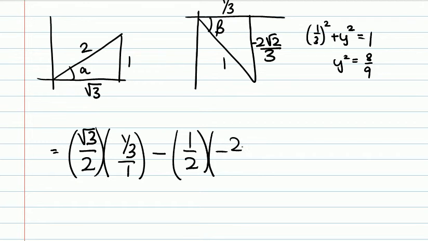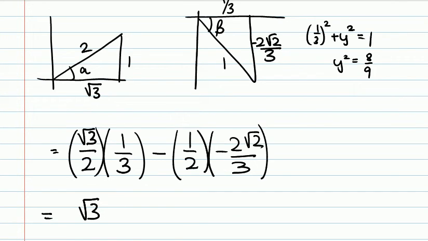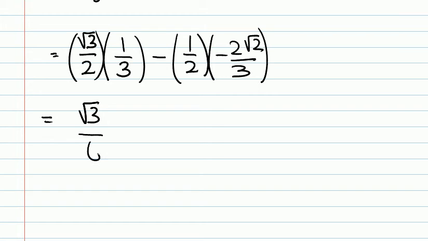Which gives us root 3 over 6 plus root 2, 2 root 2 over 6. Can't really be simplified. So root 3 plus 2 root 2 over 6.